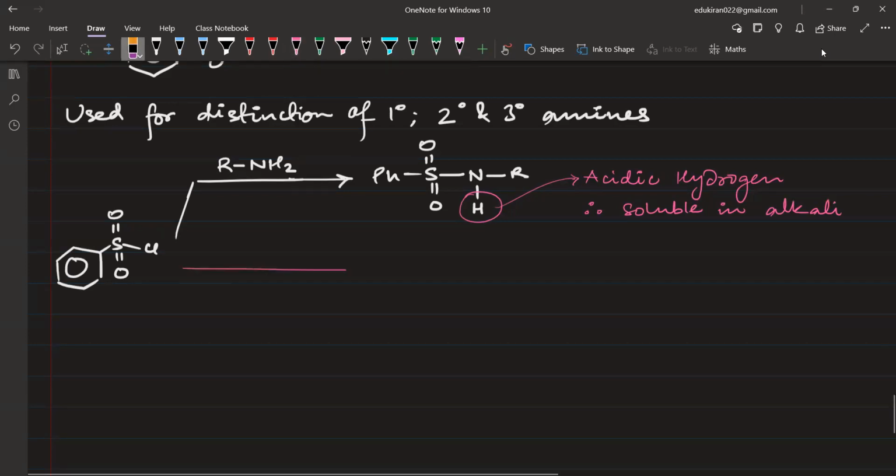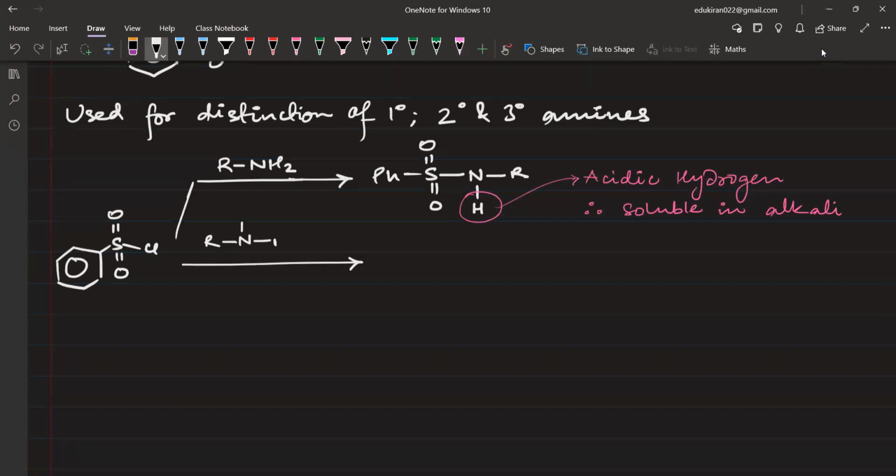Next we have the 2 degree amine. So here you will have a nitrogen atom attached with 3 different groups. 2 of them are alkyl groups and 1 of them is hydrogen. So what will happen? The hydrogen and chlorine will leave. You will have Ph bonded to sulfur, which has a double bond to O and another double bond to O. And this is further bonded to nitrogen, which has an alkyl group, and the other one is also an alkyl group, because one of the hydrogens has gone away with the chlorine atom.